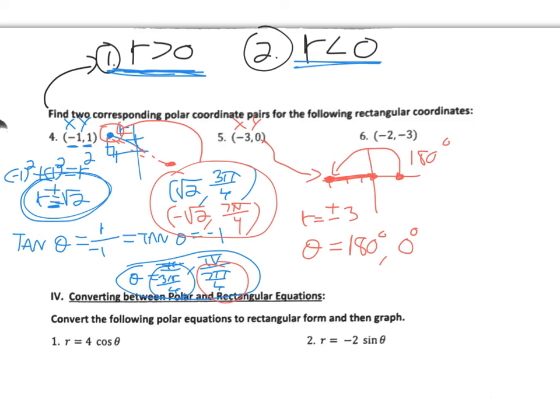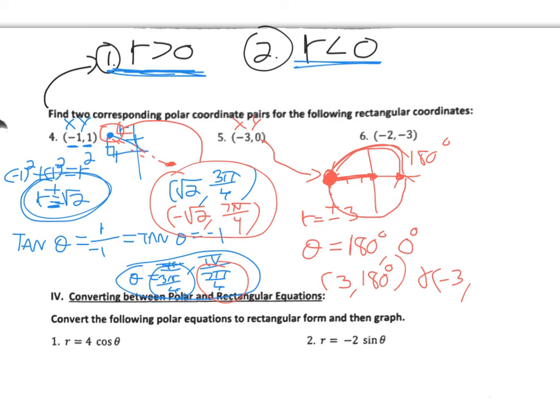Now let's say that the radius is positive. If I make this radius positive, then I have to use this exact angle right here, which is 180 degrees, or you could say pi. Now if I make the radius negative, this has to flip. I have to move it another 180 degrees.